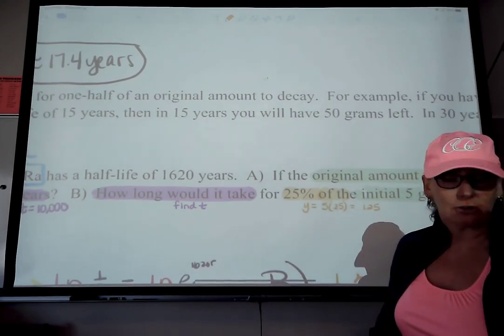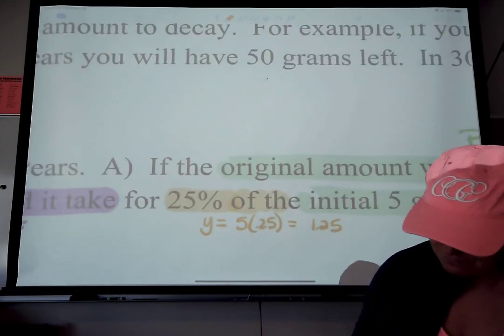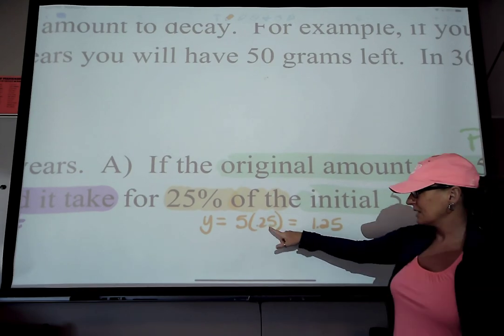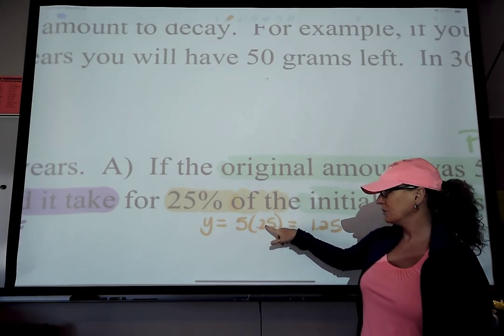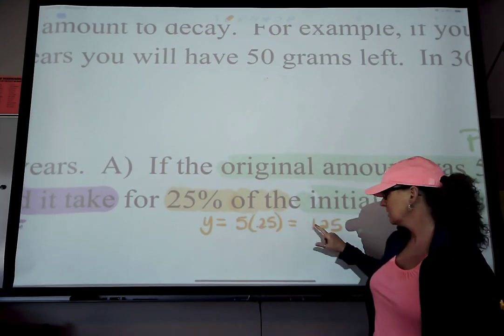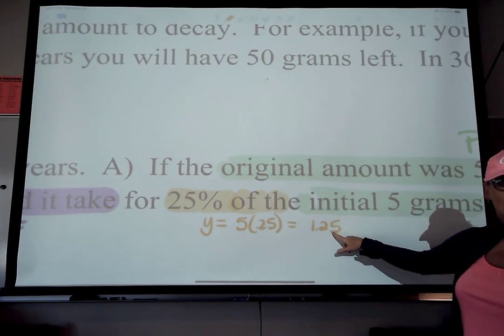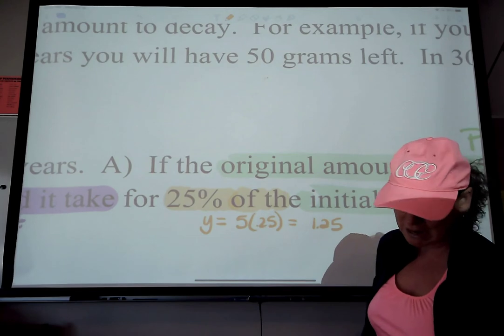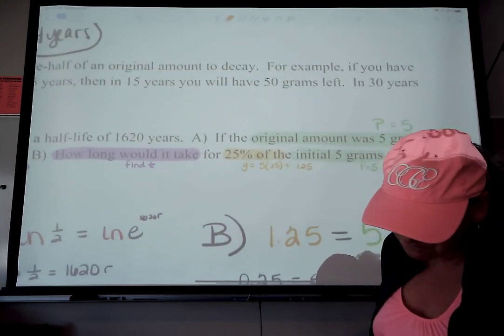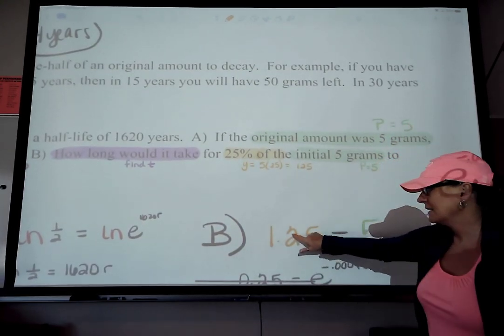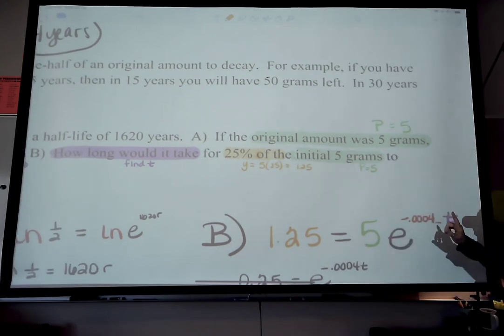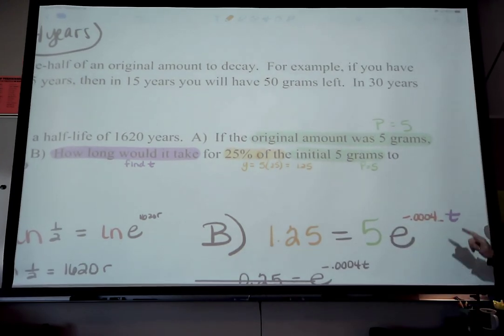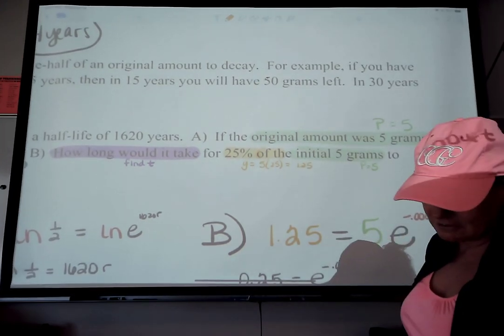If I want 25% of it left, I took 0.25 times 5, the original amount. This is how much we want remaining. So, remaining or ending amount, beginning amount, rate in my calculator, find T. I'm going to divide both sides by 5.